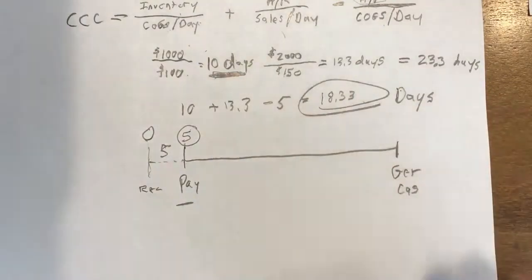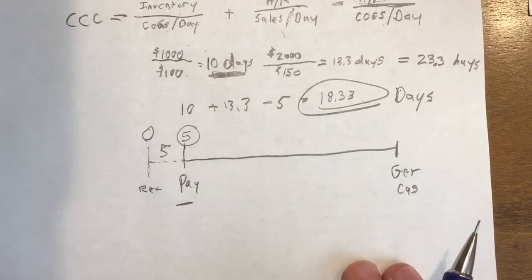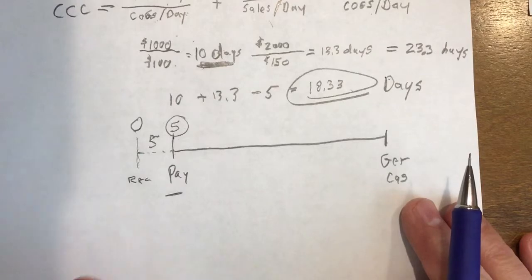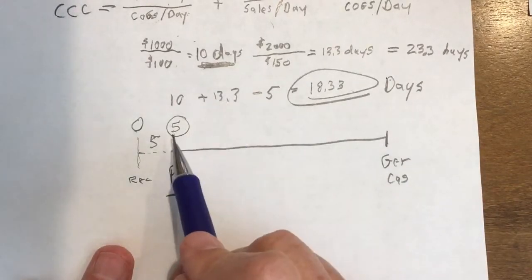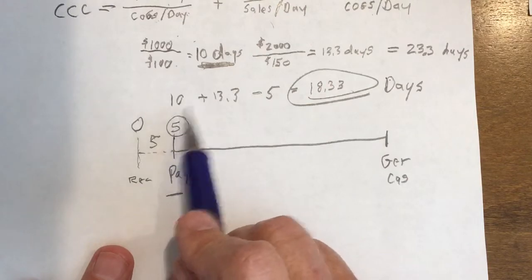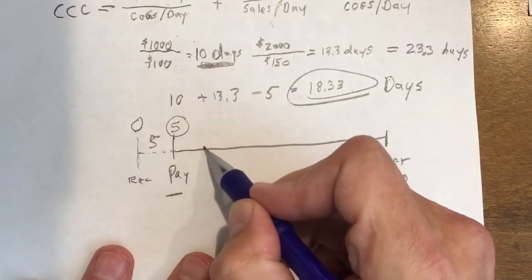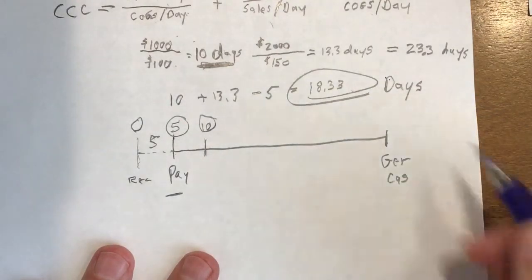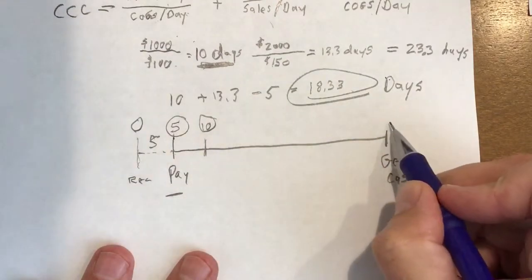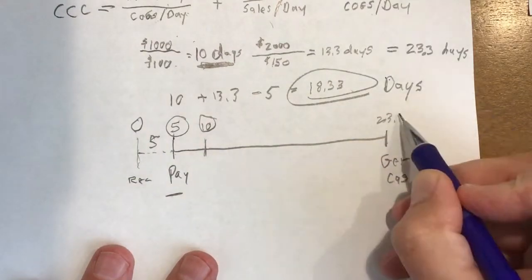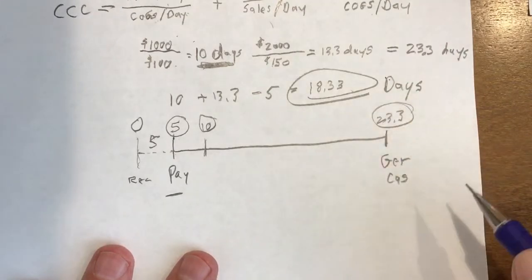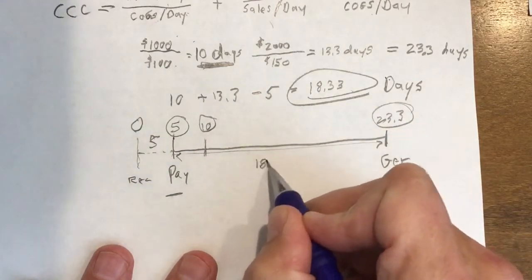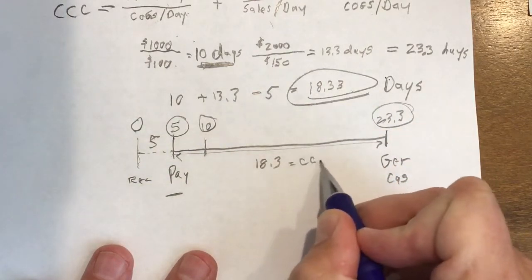You take the inventory, you put it on your shelf. Depending on the business, you may have to make some changes. You may be buying raw material, but in any event, you sell the inventory on day 10 in my example, and then 13 days later, you get the cash from the customer. So this period of time, which is 18.3 days, is the cash conversion cycle.